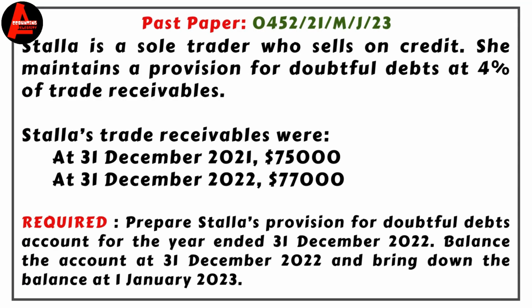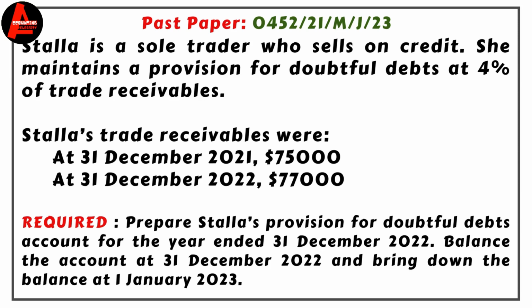Here you see, prepare Stalla's provision for doubtful debts account for the year ended 31st December 2022. Balance the account at 31st December 2022 and bring down the balance at 1st January 2023.